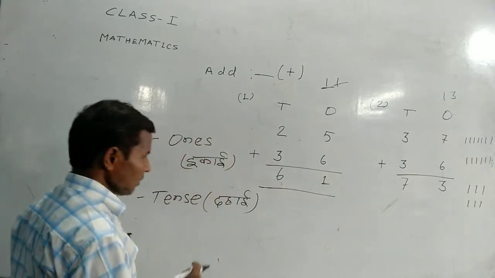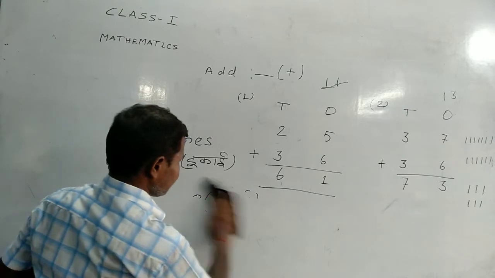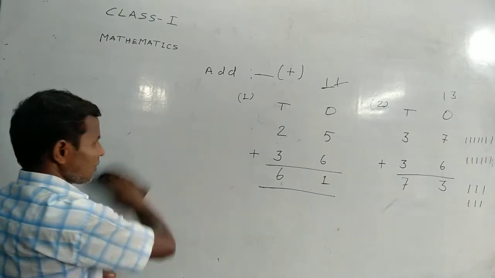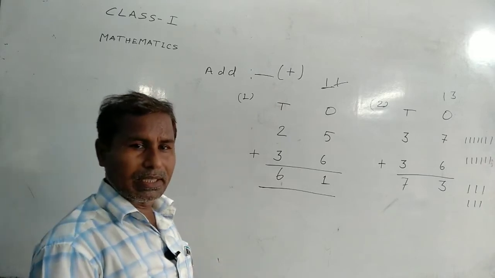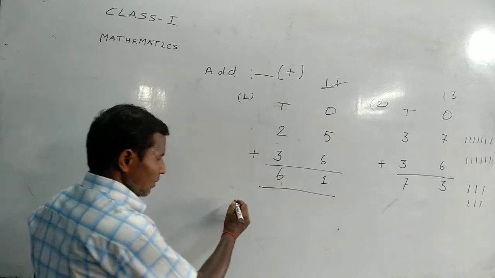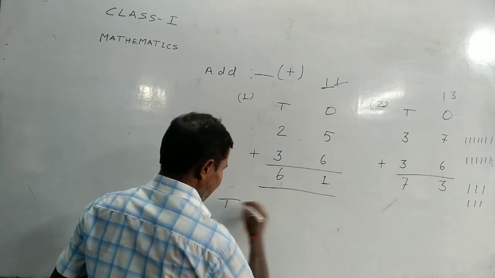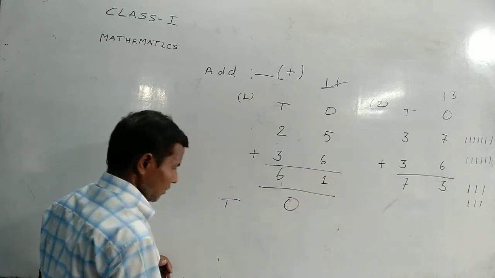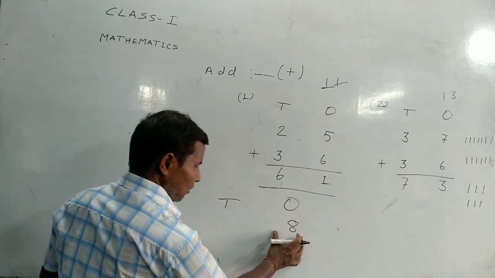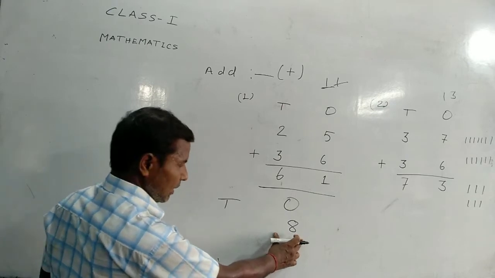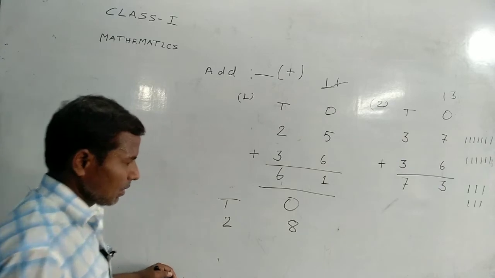Next, all of you listen carefully and understand. Now look here. T, tens, ones. Here ones place is written 8, and tens place is written 2.